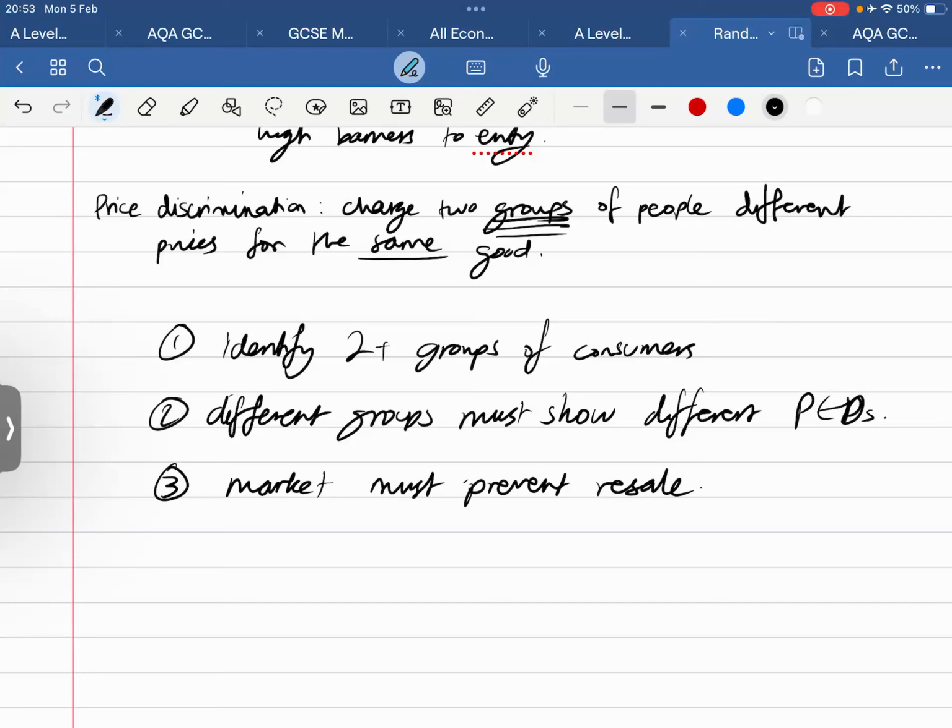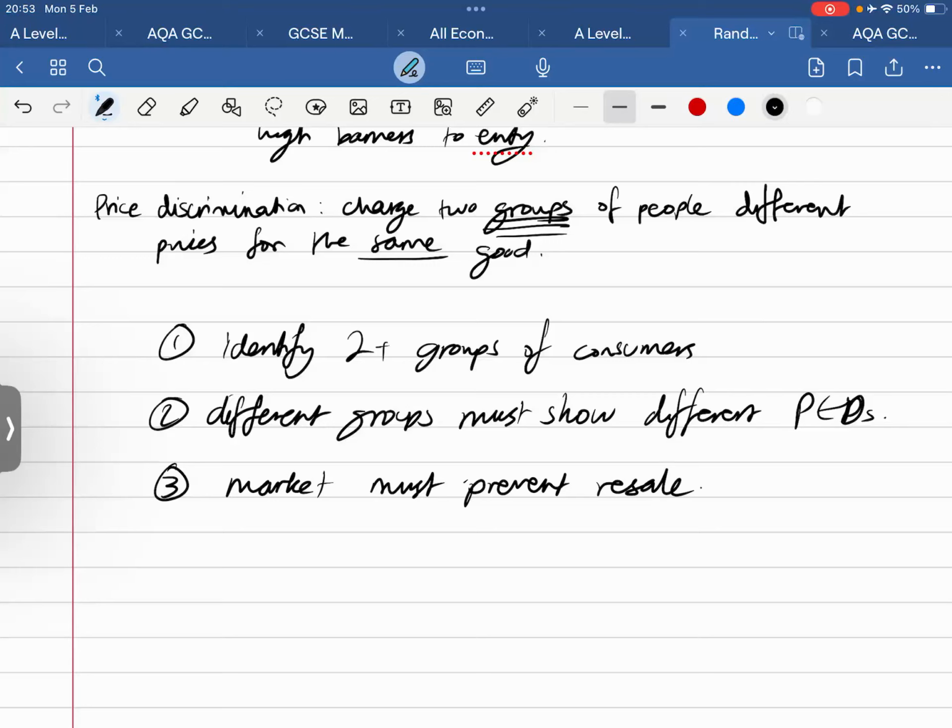But obviously economics is all based on theory. Another example is trains at peak times and trains at off-peak times. It's the same good or service, but you've identified a customer buying a ticket at peak time. But yes, student discounts my favorite example.